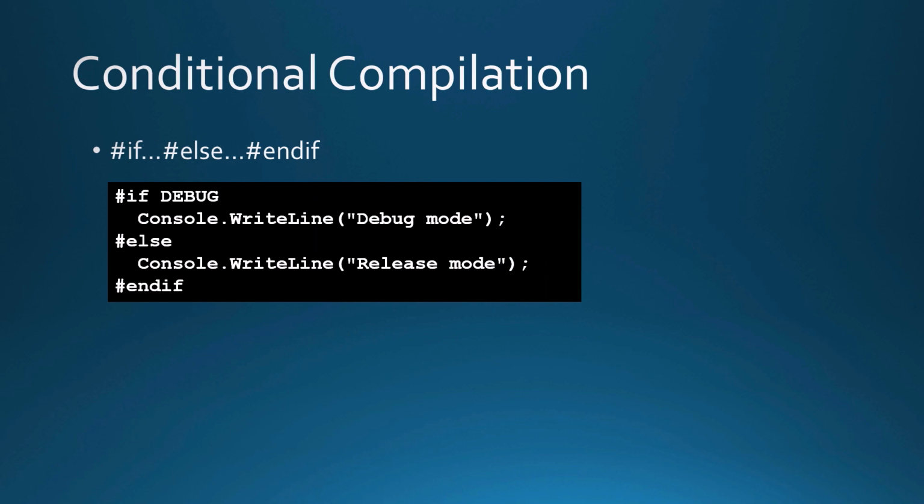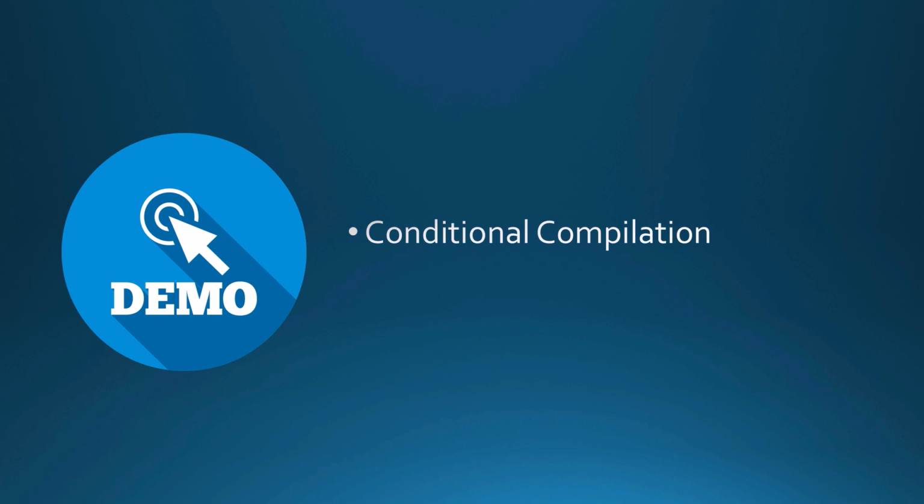So here's an example of using the debug. So if we're compiling in debug mode, which we are when we just press the start button there in Visual Studio, we're then going to say #if DEBUG, then it would write out Console.WriteLine debug mode, else Console.WriteLine release mode. Let's take a look at some of these built-in conditional compilations.